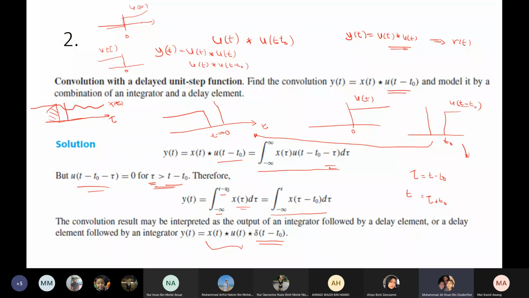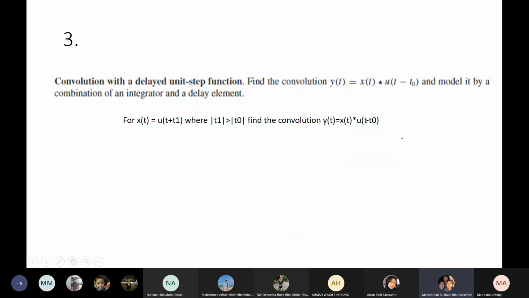So we try to do this. This one I'm giving you to do on your own, the convolution of something like this: u(t plus a delay of t1) convolve with u(t) with a delay of minus t naught.